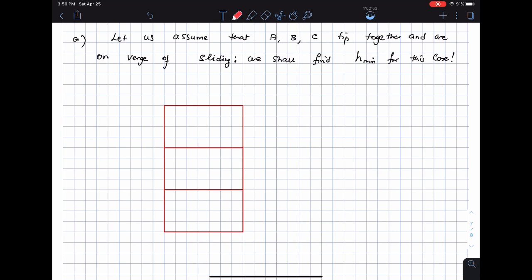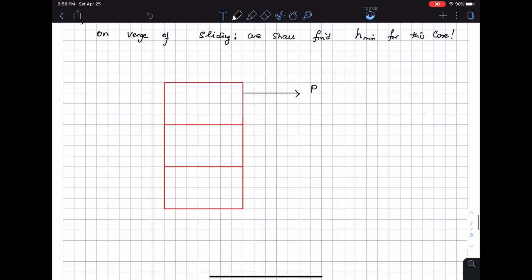So this is going to be boxes A, B, and C, and here is where the force is acting. Let's say the force acting here is P. This height I don't know, but before that I have to draw some forces here.